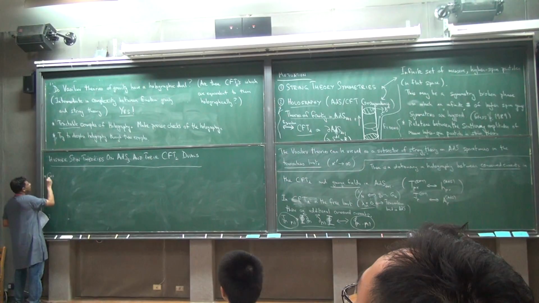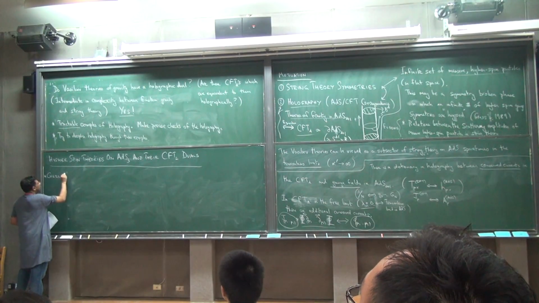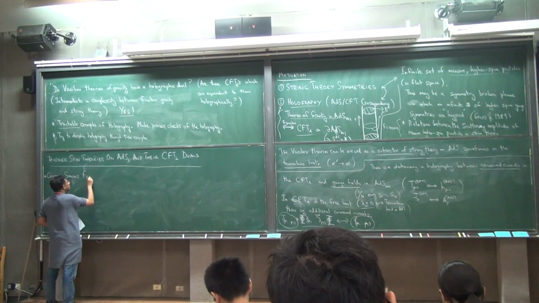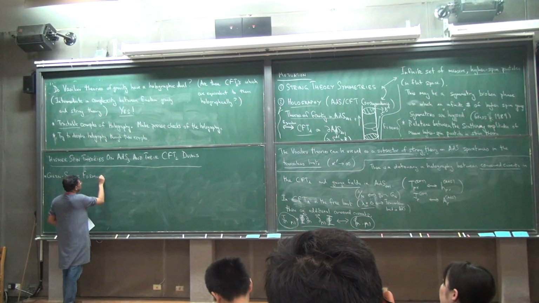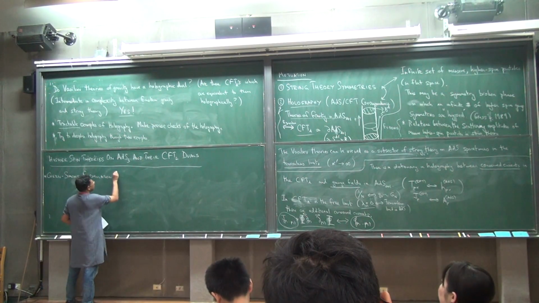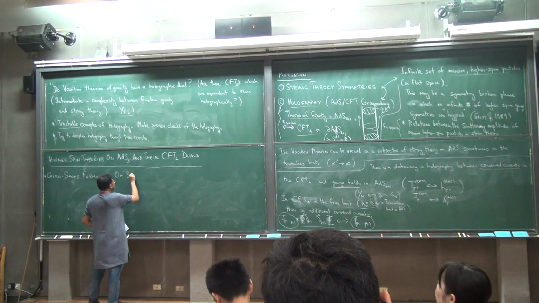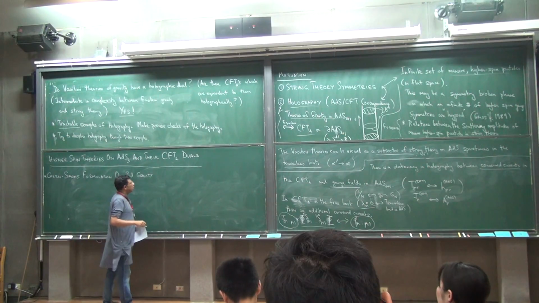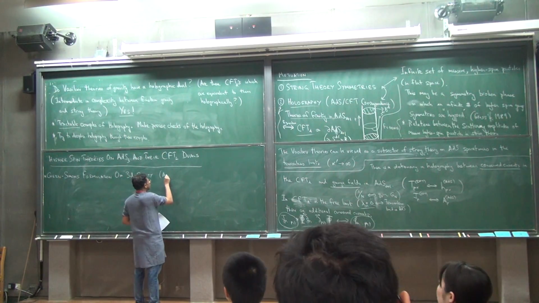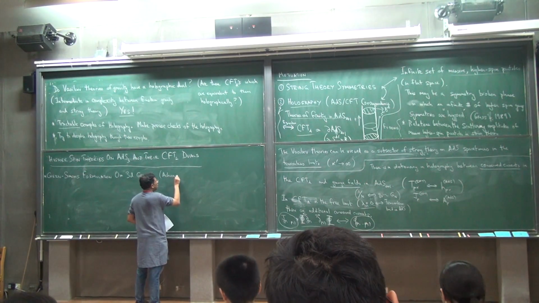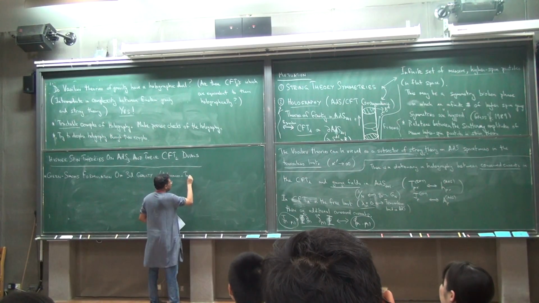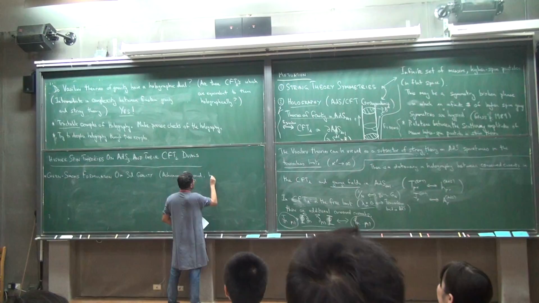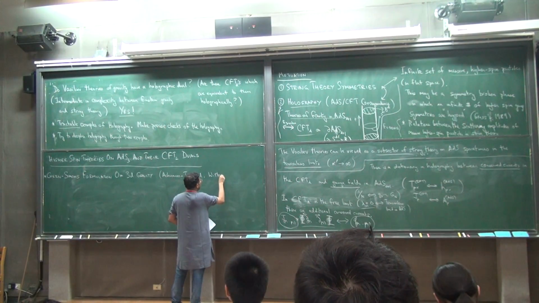What we will start off with is the so-called Chern-Simons formulation of 3D gravity due to Achucarro and Townsend and also Witten in the 1980s.